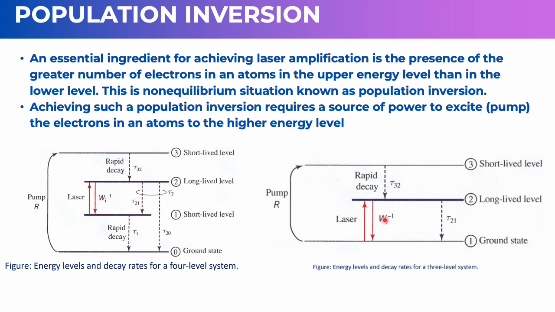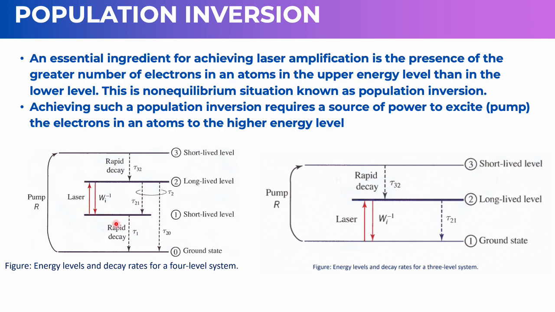There are two common types of pumping, 4-level and 3-level systems. In a 4-level system, you have the ground state and the electrons are pumped from the ground state to a short-lived excited state. From this short-lived excited state, the electron rapidly decays into a long-lived, more stable level.